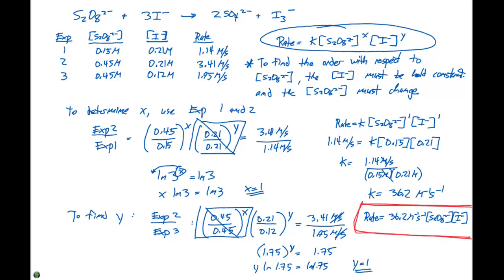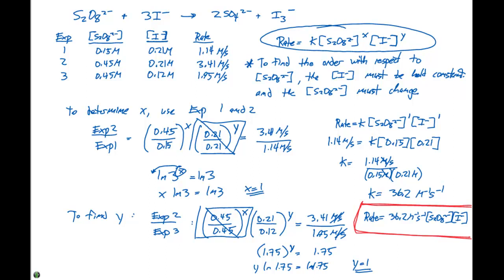In another experiment, we keep the S2O8 concentration constant and vary the I- concentration. This is going to have an impact on the particular rates. Notice that when we triple the concentration of S2O8 from experiment 1 to experiment 2, the rate triples. So that tells us this will be first order with respect to the S2O8.